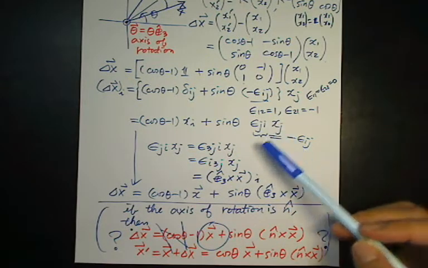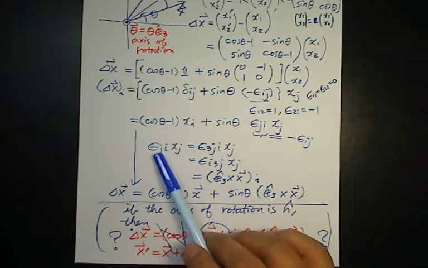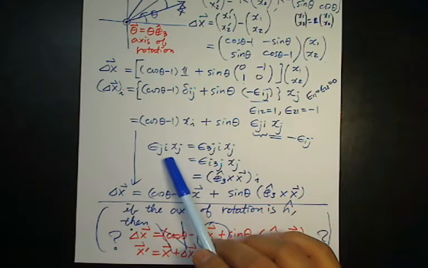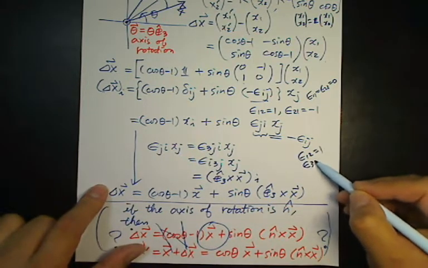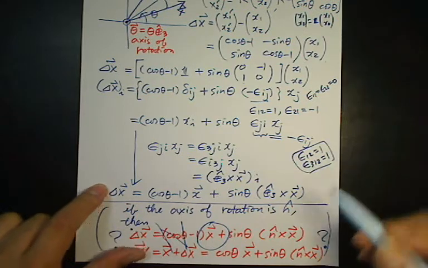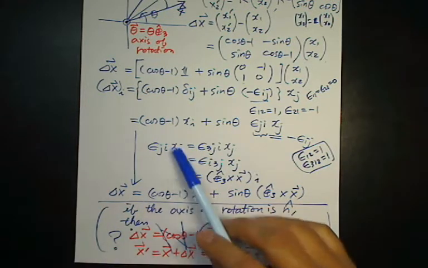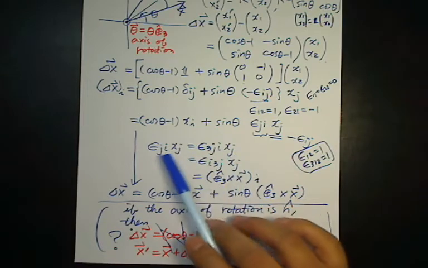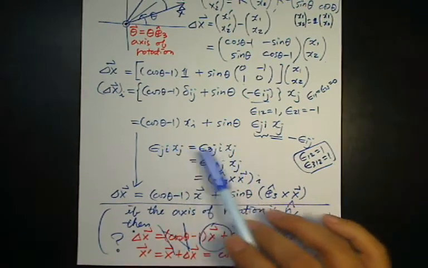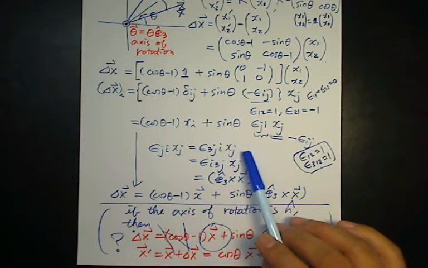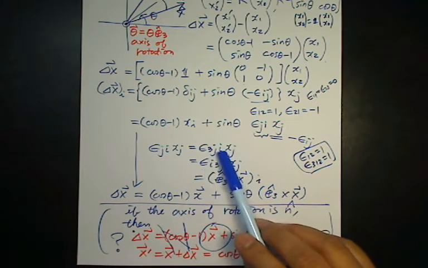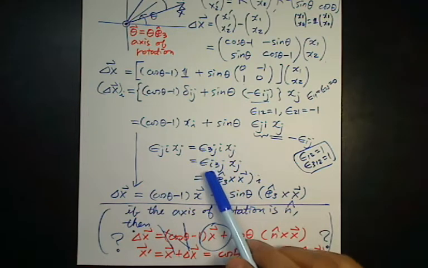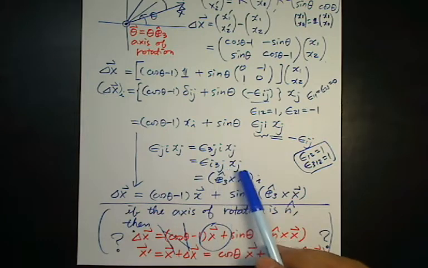Epsilon ji can be written in the form epsilon 3ji, since epsilon 312 equals also 1. So I can rewrite this one in terms of epsilon 3 something, keeping the same value, and now i is shifted to the left-hand side, so epsilon i3j xj.